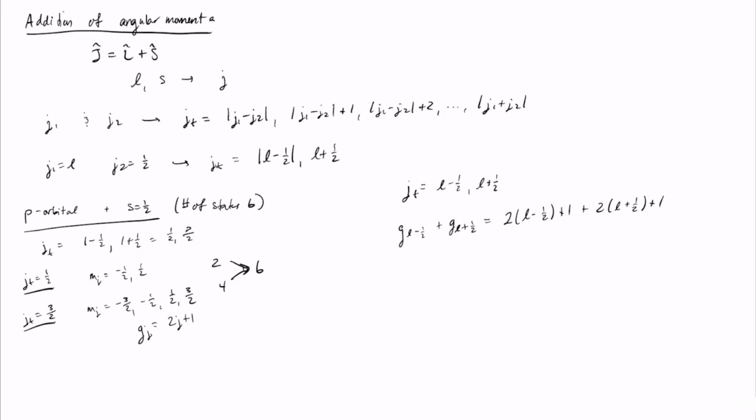And now if you add all this together, you'll get that this is equal to 4 times L plus 2, which is exactly equal to g of L times g of S, which is (2L plus 1) times 2.